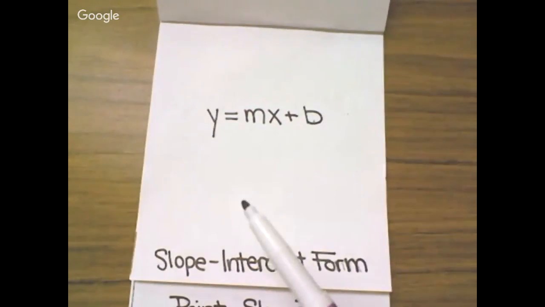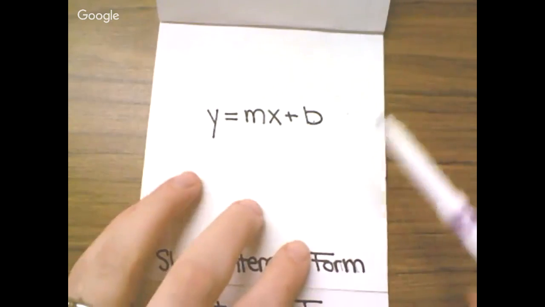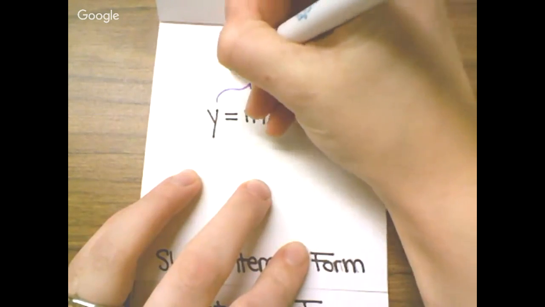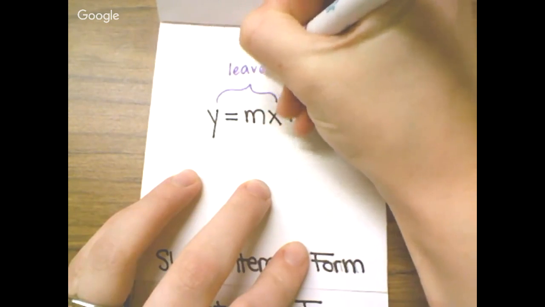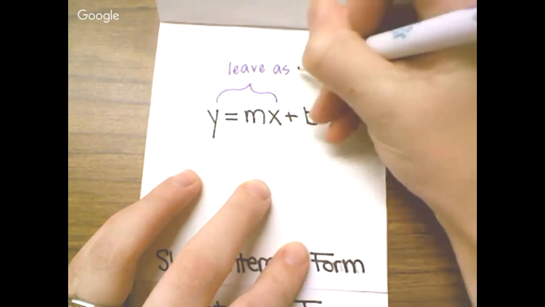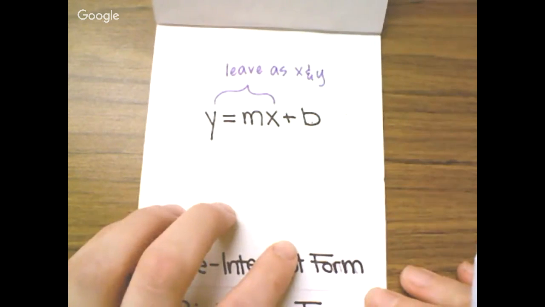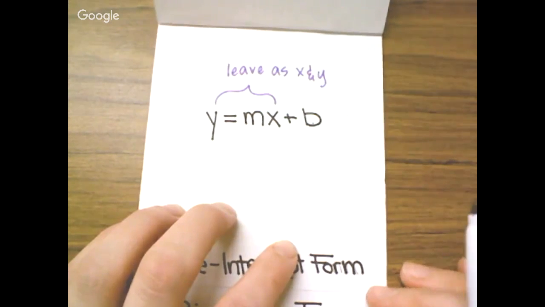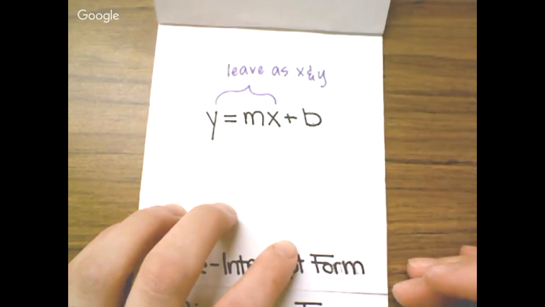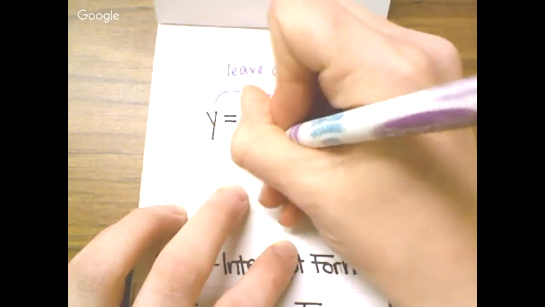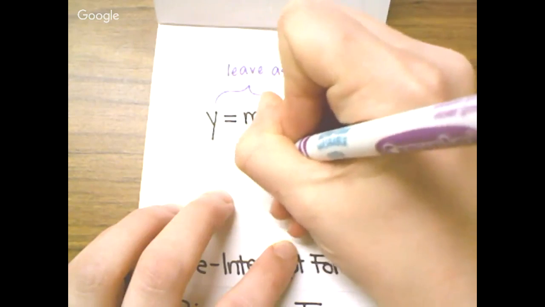So my form looks like this, y equals mx plus b. And what we're going to do when plugging in our numbers, we are leaving those x and y's as x and y. Okay, I don't need anything added to them because I want to use that for any function. My m, this is my slope.